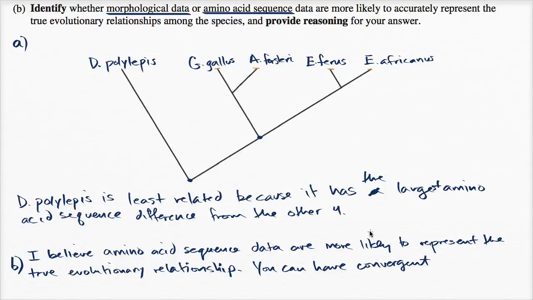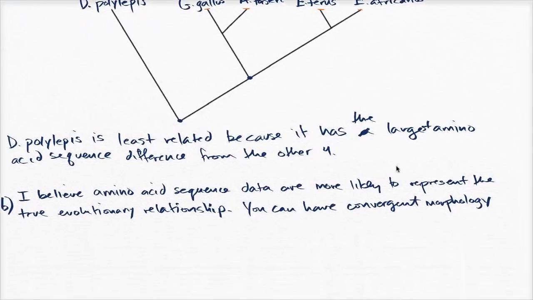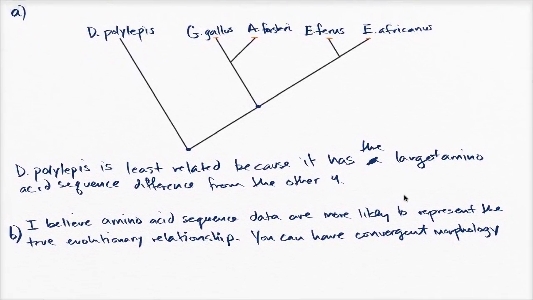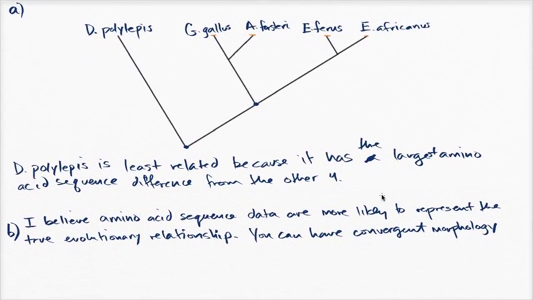They actually came from different ancestors, but because they had similar environments, they had convergent morphology. You can have convergent morphology while being far apart on the evolutionary tree.